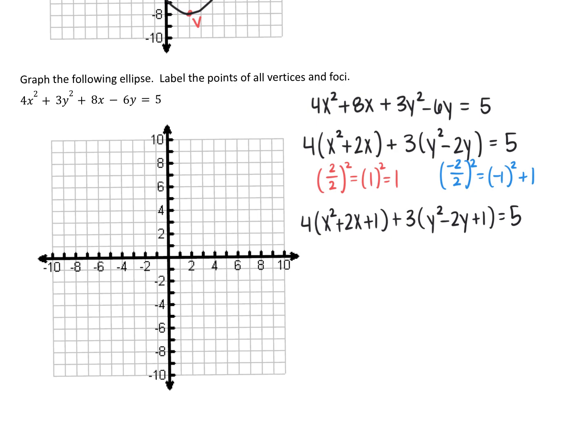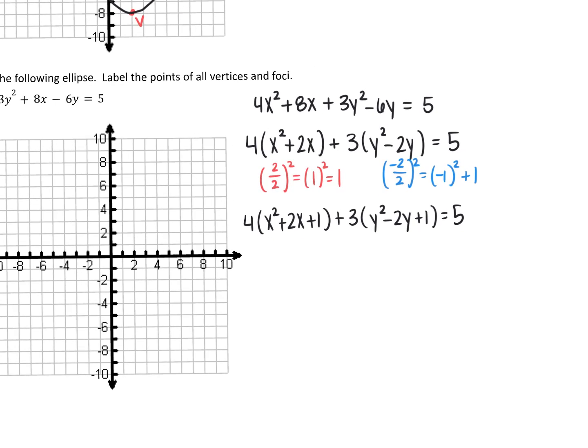Now I do need to add numbers to the right side, just like in regular completing the square, but I'm not just going to add 1 twice. Because I have that number in front of the parentheses, I have to actually multiply it. So I have to take the number I added in the parentheses, 1, and multiply it by the number in front. So I'm actually going to be adding 4 and 3 to the right side.